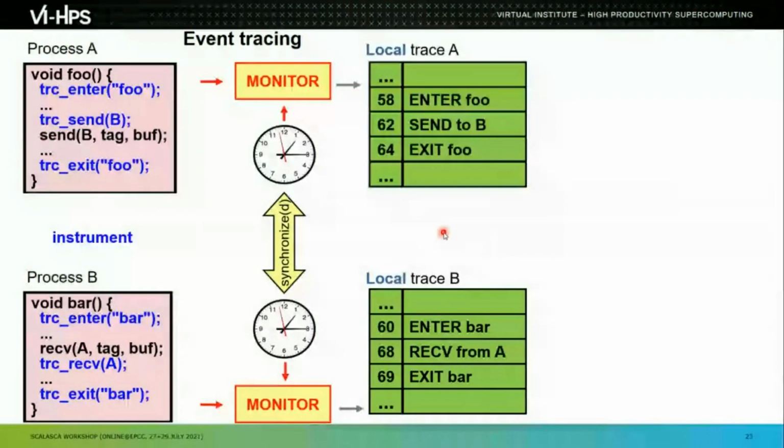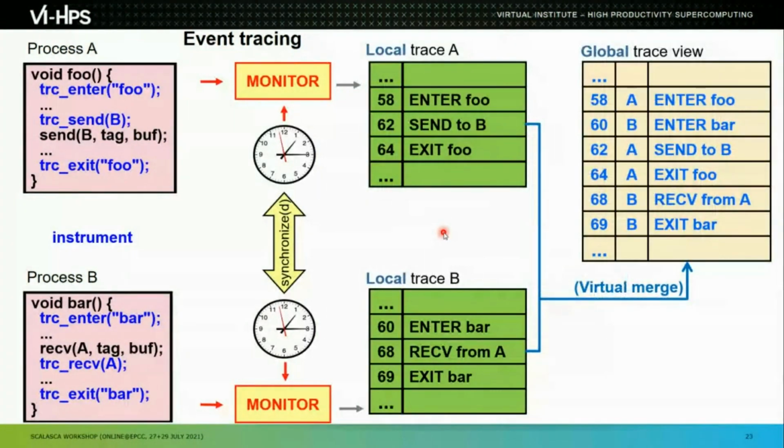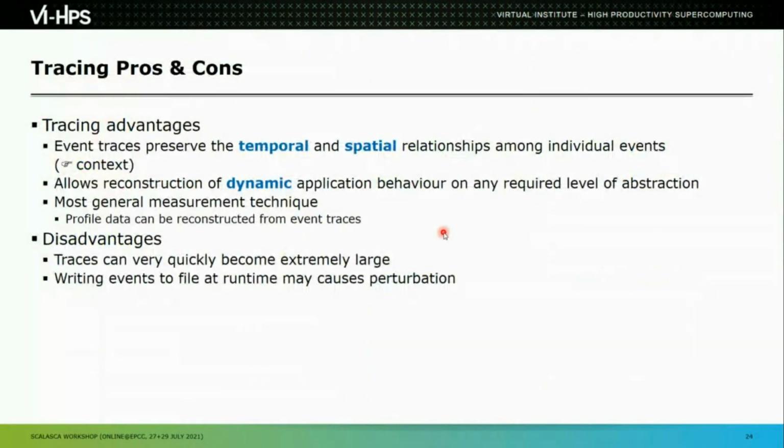They're time-stamped, they go into memory buffers, and then at the end we can bring those together to relate the timestamps of one event with the event on another process or another thread. So that's the most we can do with those. We can then take that information and do our subsequent analysis of it.